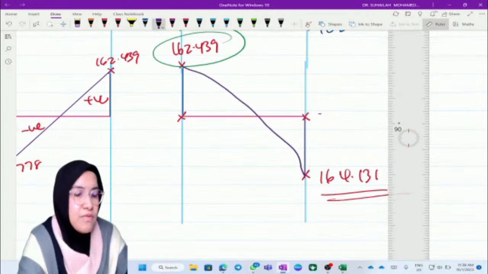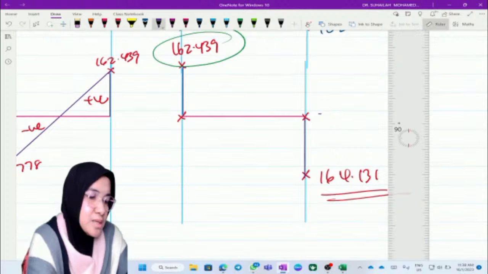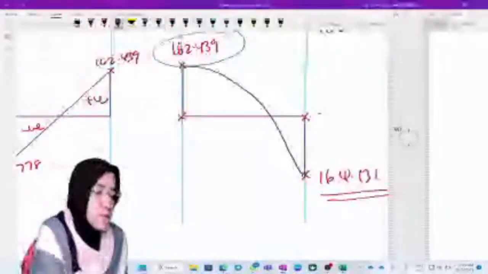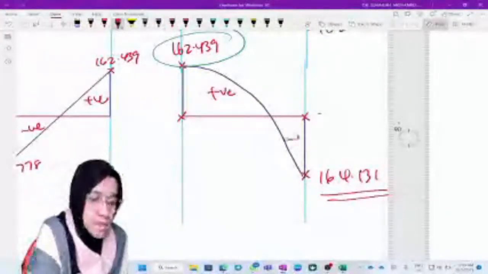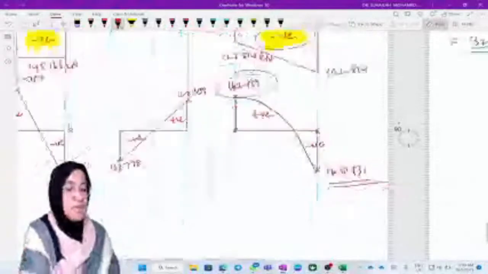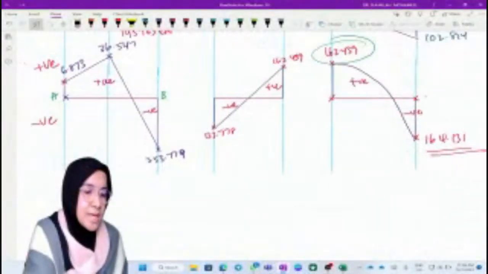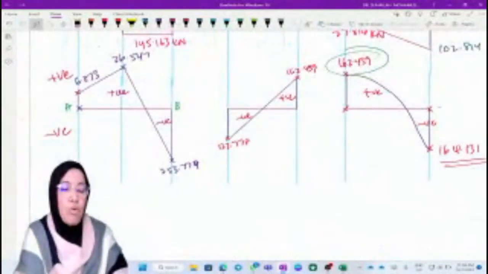Curve line, not straight line. It must curve, something like this. So this is positive, this is negative. This is the end of analysis. This is the bending moment diagram.